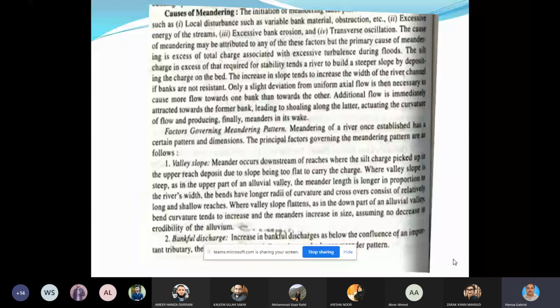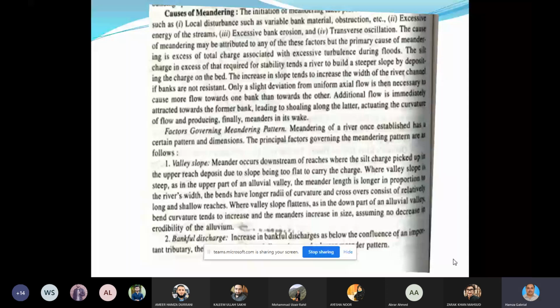Where the valley slope is steeper, as in the upper part of the alluvial valley, the meander length is longer in proportion to the river's width, and the bends have longer radii of curvature. So very large curvature meanders, and their crossovers consist of relatively long and shallow ridges.